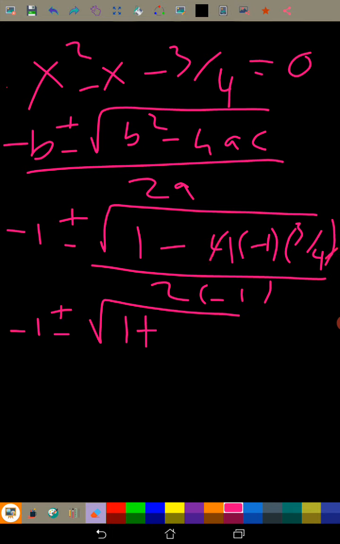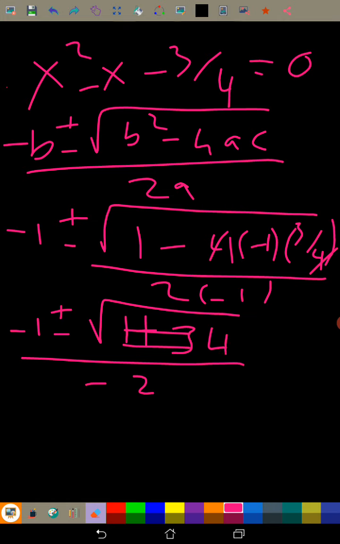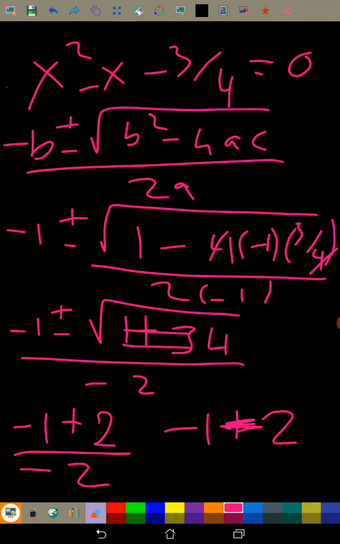So here we see that's wonderful. We get 3, and this is 4, because we have a minus here. We can rewrite this as 1 plus 2 divided by 2, or 1 minus 2 divided by 2.